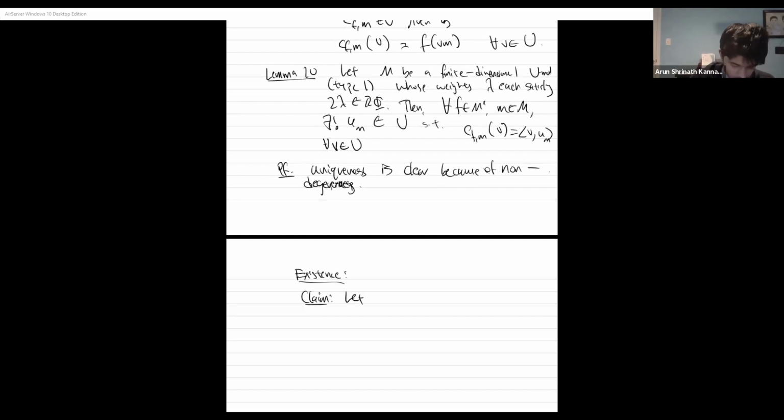Let mu and nu be sums of positive roots, and theta in the root lattice.